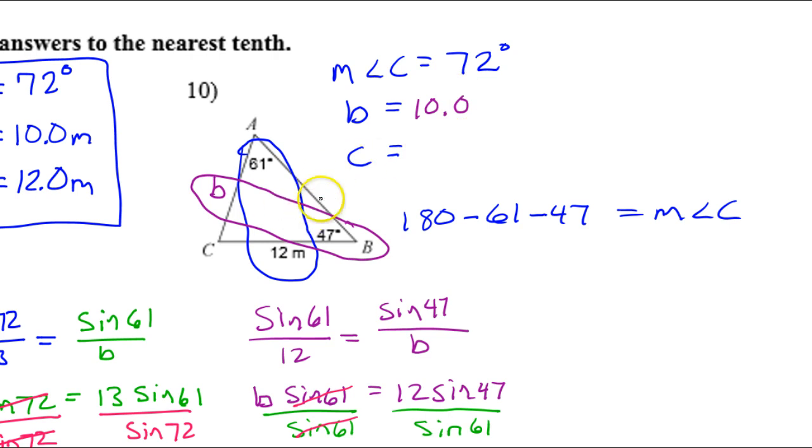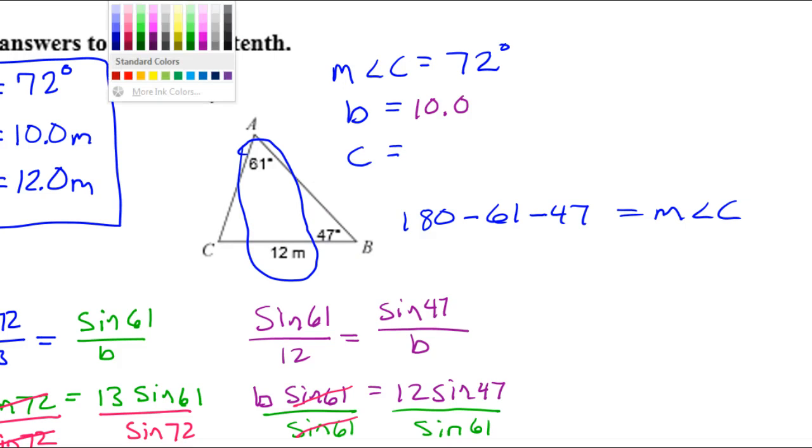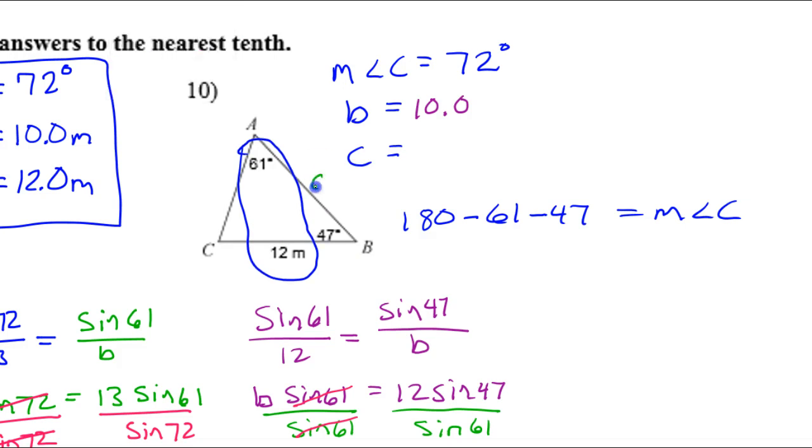All right, now I need to find side C. So here's side C over here across from angle C. Now remember, earlier we found that angle C was 72 degrees. I am going to need that now.